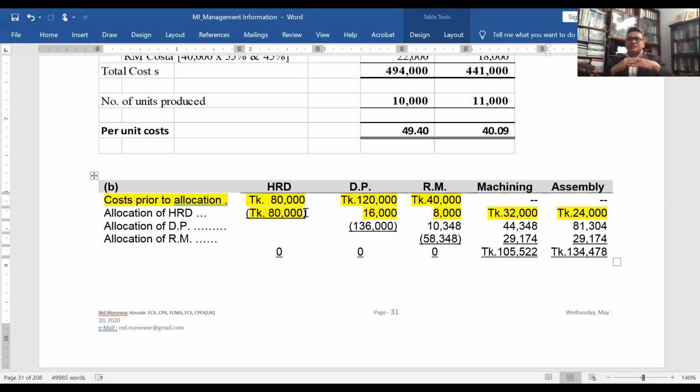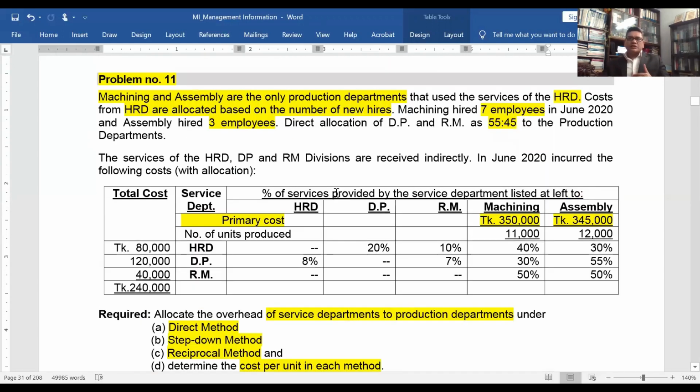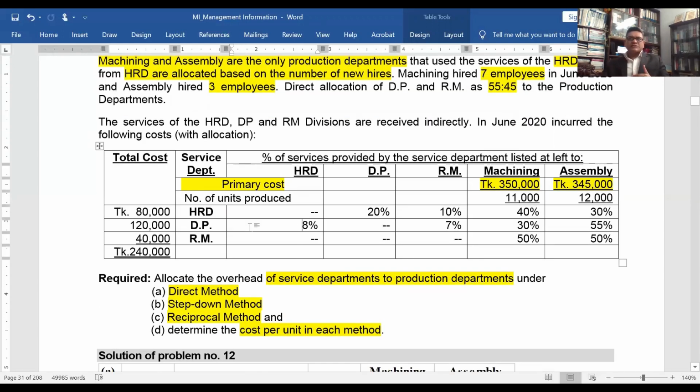If one service department cost is allocated, then it never counts for allocating another service department cost. Look here, in the question also 8% cost of data processing goes to HRD, but here we ignore it, because in the step down method, if one service department cost is allocated, then that cost is fixed and closed.